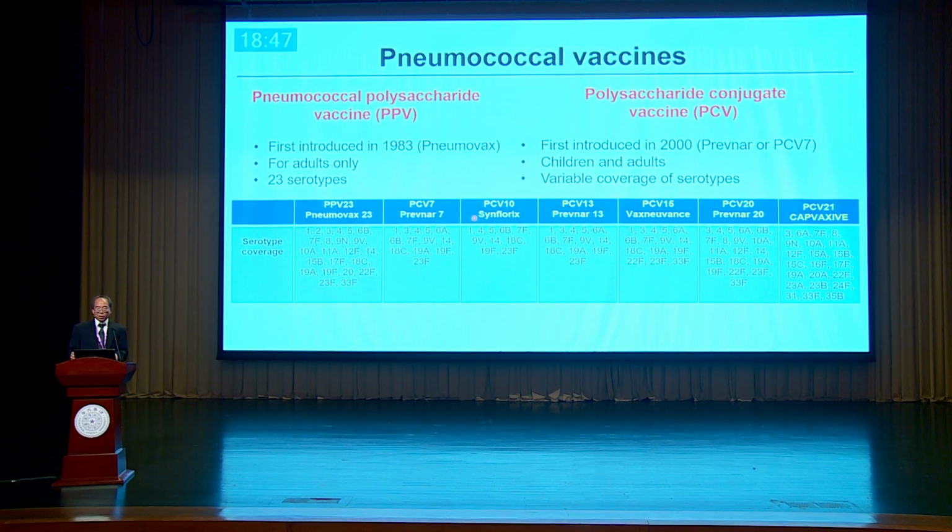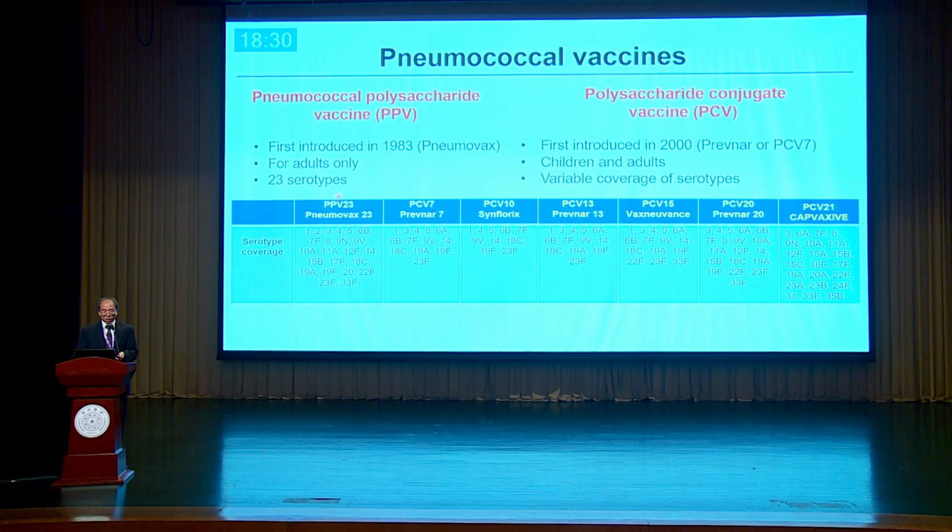There are a lot of vaccines that target Strep pneumo, so I've just used Strep pneumo as an example here to show you how a polysaccharide vaccine works and how the conjugated vaccine works. Their mechanisms are very different.